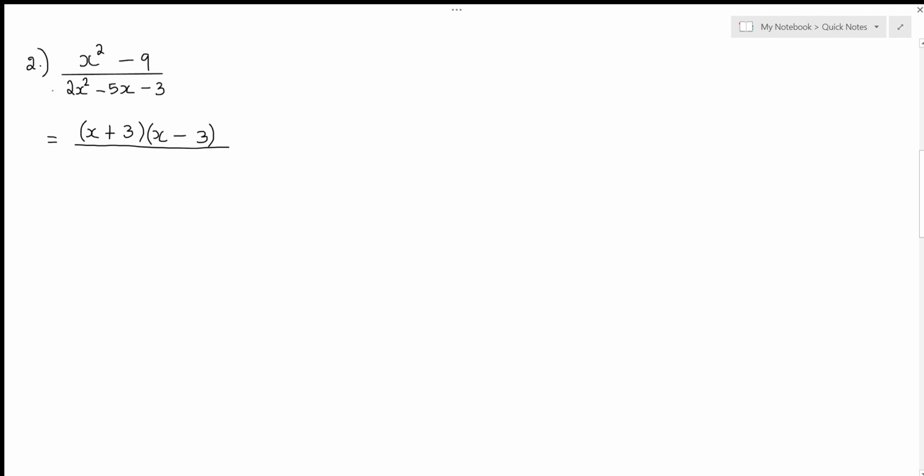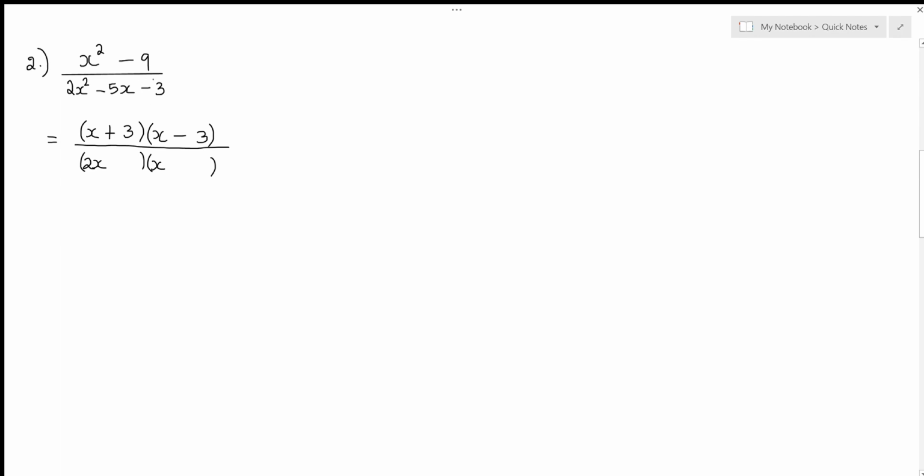Okay, now we look at our denominator. So we've got 2x squared minus 5x minus 3. So we definitely know that for the 2x squared part, you can only have a factor of 2 times 1. So it has to be 2 times 1, which is 2x times 1x.